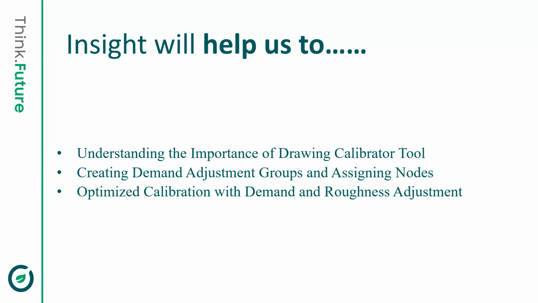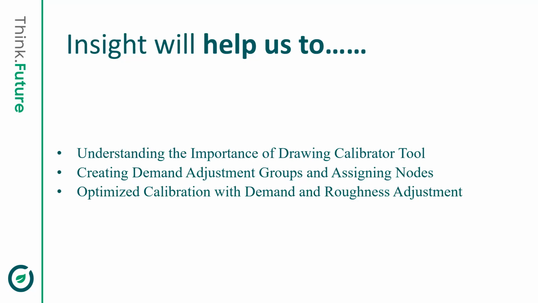The objective of the insight is understanding the importance of the Darwin Calibrator tool. We have different options within the Darwin tool. The first option we are going to cover is the Darwin Calibrator tool, then how to create a demand adjustment with the help of a Darwin Calibrator group and assign the nodes. After that, we will see how to optimize the calibration with demand and roughness adjustment.